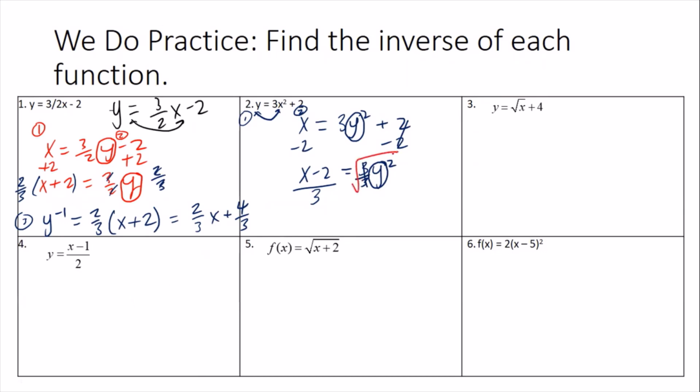I'm going to have to take the square root. So now y is by itself. So my inverse equals, and when you take the square root of something, it's going to create a plus or minus, the square root of (x minus 2) over 3.